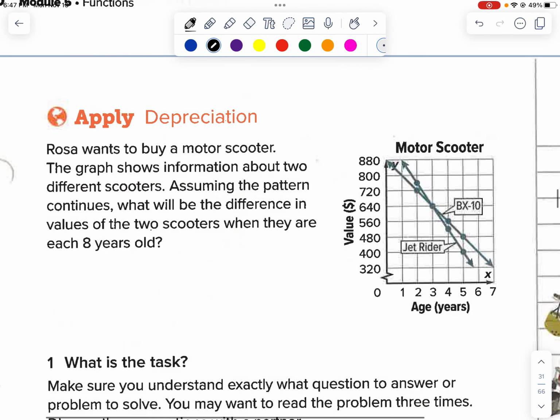Okay, Rosa wants to buy a motor scooter. The graph shown shows information about the 2 different scooters. Assuming the pattern continues, what will be the difference in the values of the 2 scooters when they are 8 years old?